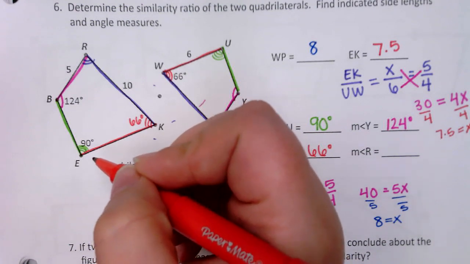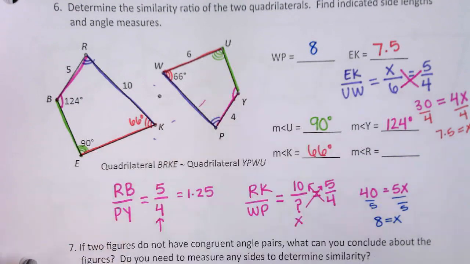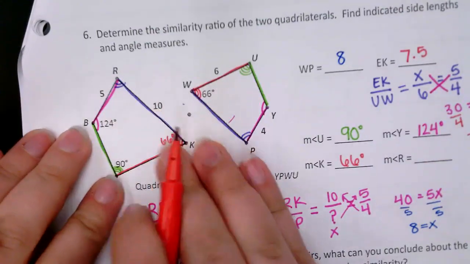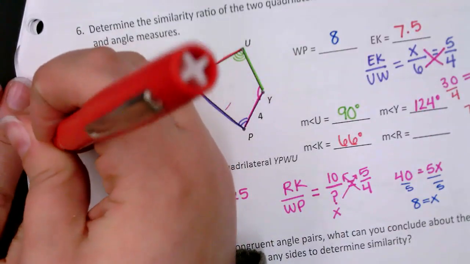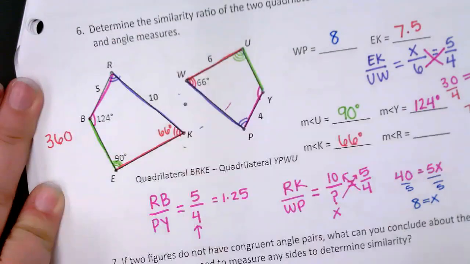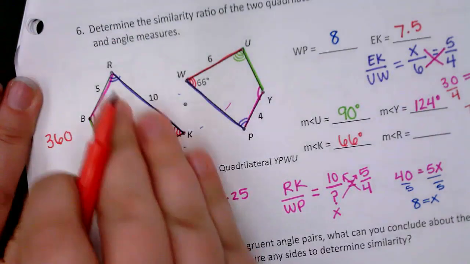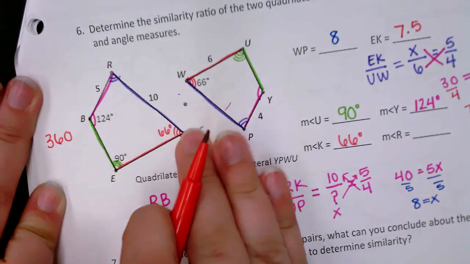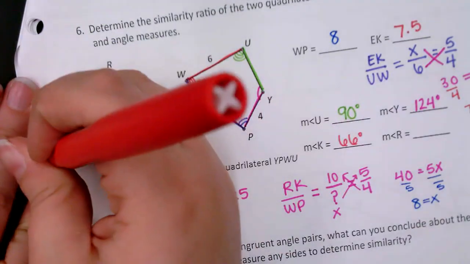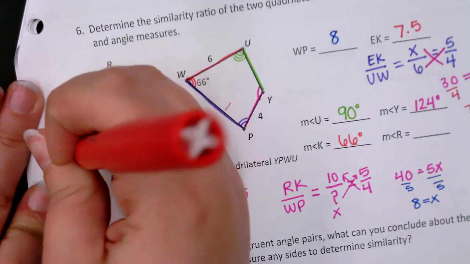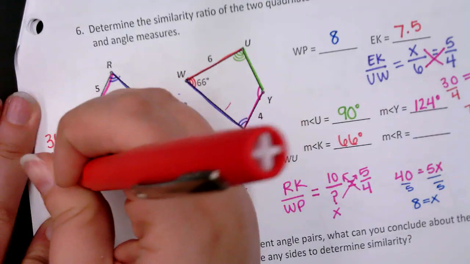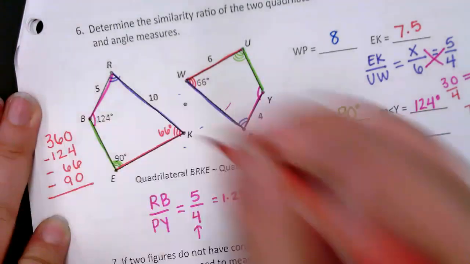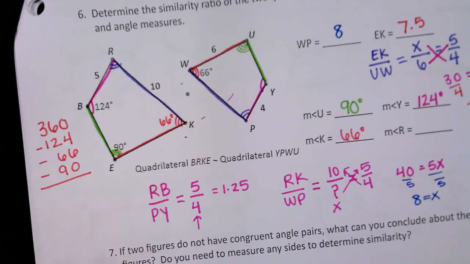All right, so if I want to find the missing angle, kind of like we did with triangles, I'm going to take the total, which is 360, and subtract the ones that I know. I have one that's 124, one that's 66, and the other one is 90. So I'm going to subtract those.